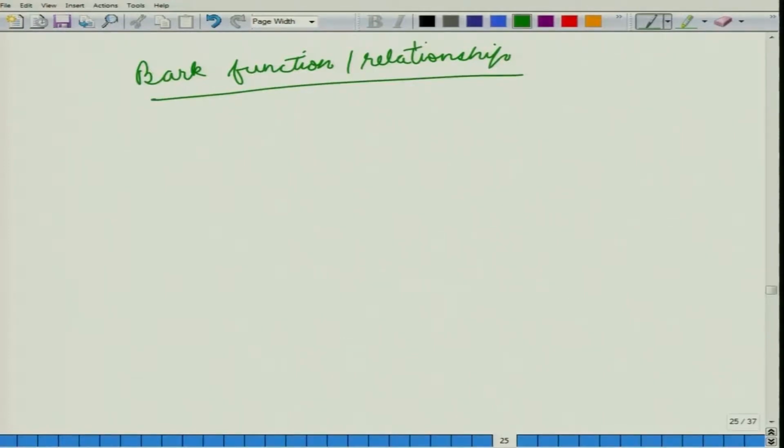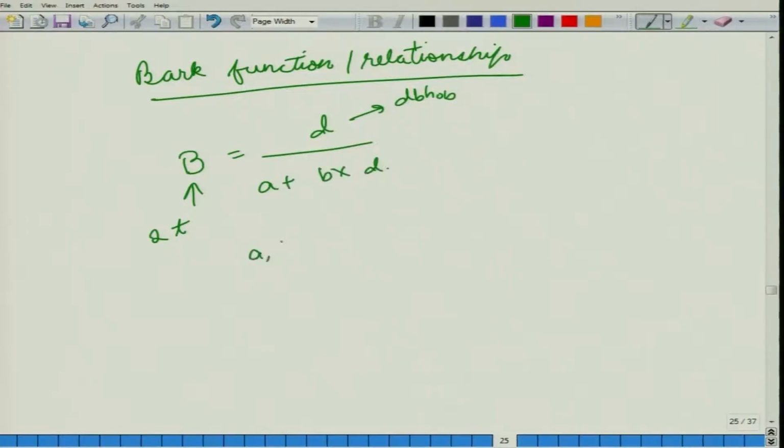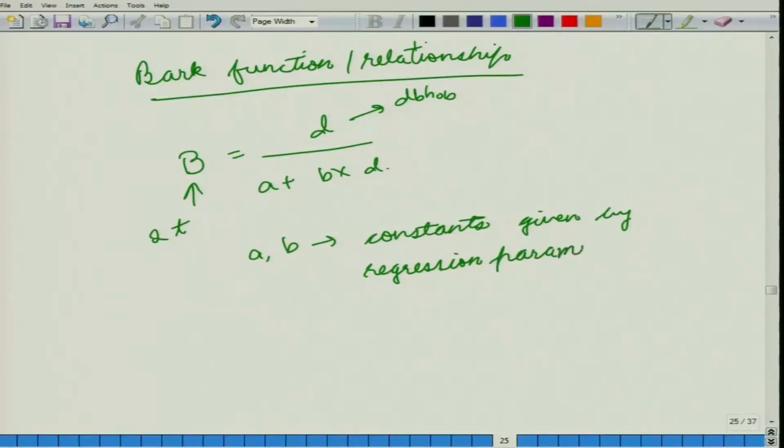Now, in the case of a bark function or relationship, it is given by a generalized equation where B, which is twice the bark thickness, is equal to D, which is your DBH over bark, divided by A plus B times D, where A and B are constants given by regression parameters.